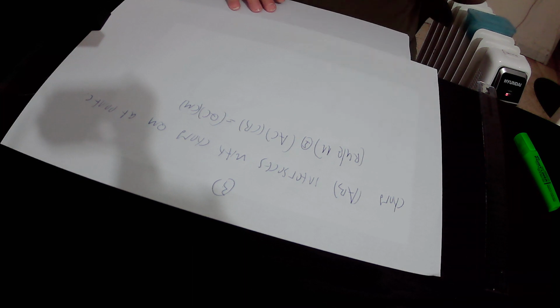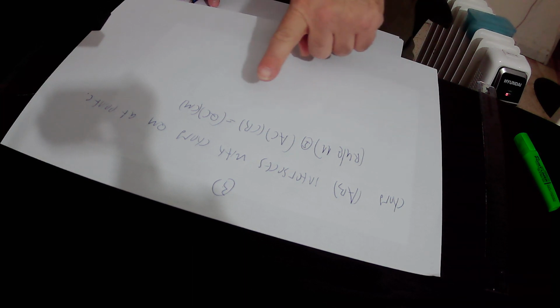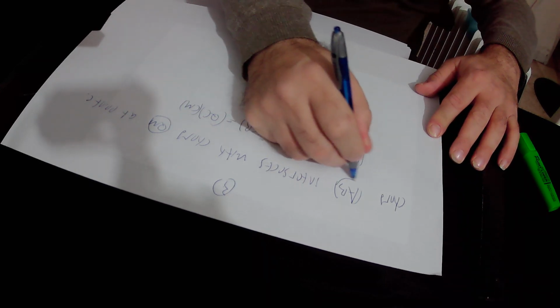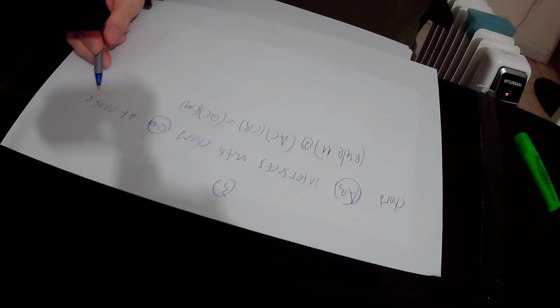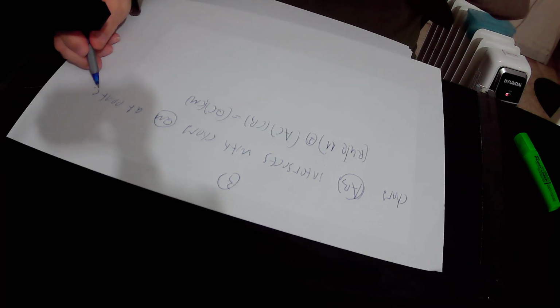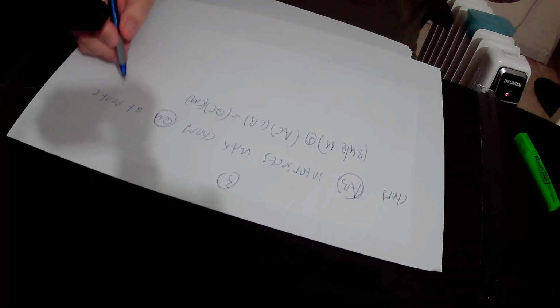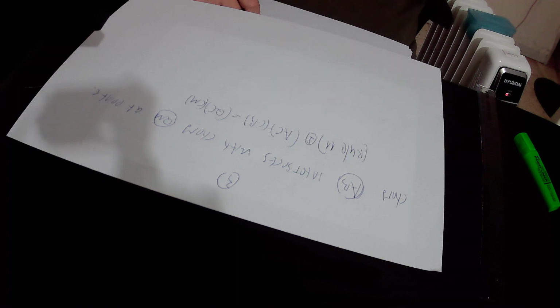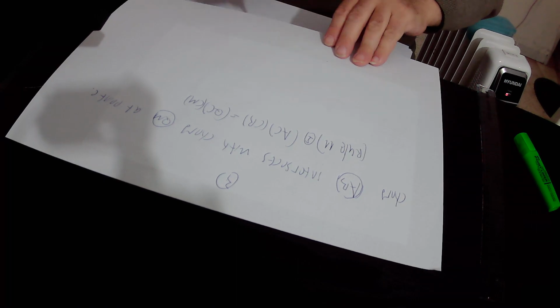Now, original drawing, chord AB intersects with chord QM at point C. Point C is the intersection point of chord AB with chord QM. Therefore, according to rule number 11, AC times CB equals QC times CM. This equation is the implementation of rule number 11 in our drawing. This is equation number 1.